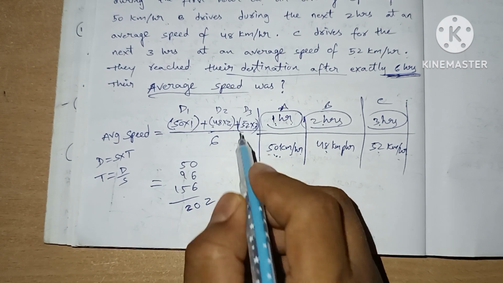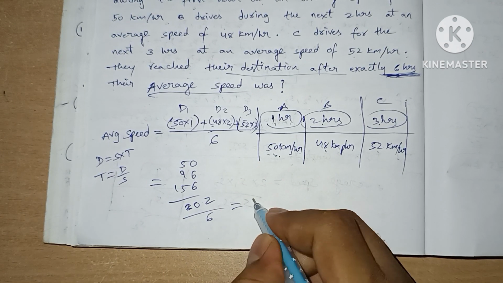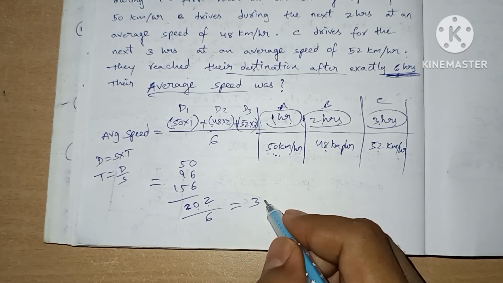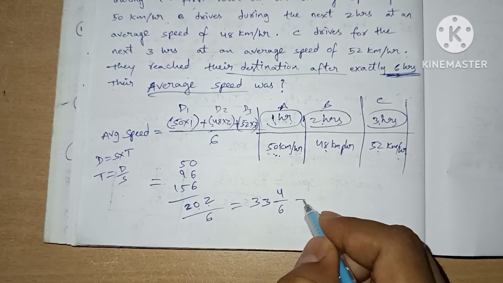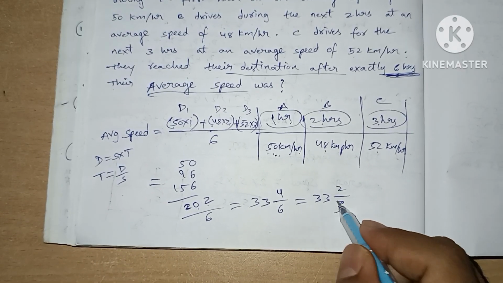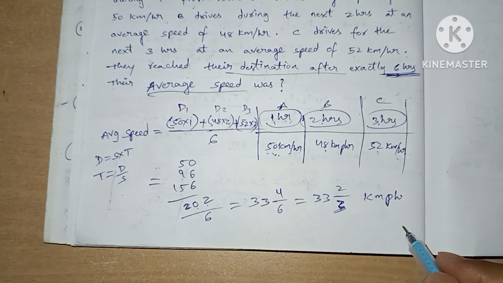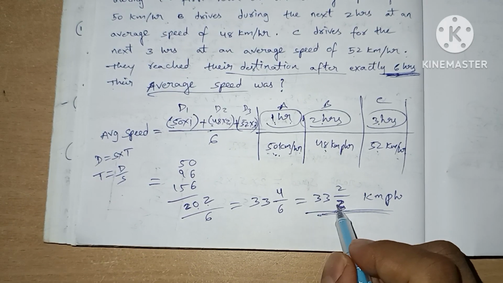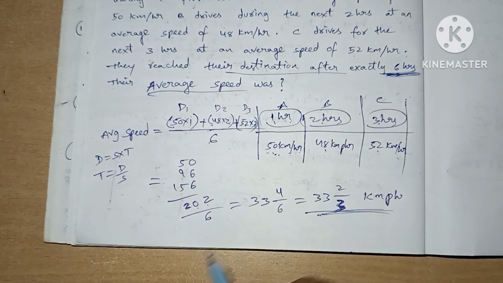We got 302 in the numerator divided by 6. 302 divided by 6, 6 5 times is 30, we get 2 by 6, so 50 and 1 by 3, the total average speed of the entire journey. This is the average speed of the entire journey covered by A, B, C by a car.